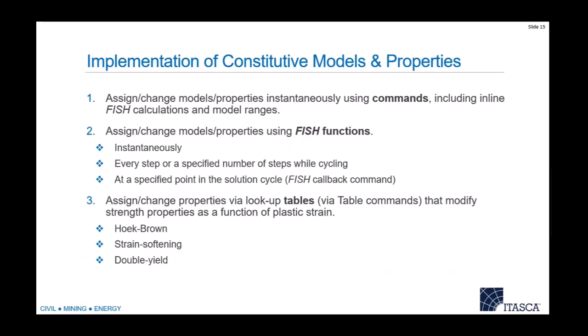So, changing properties with depth or some randomness or whatever crazy distribution you want, correlated random fields. I don't know, who knows, right? And also set it up so that the properties change as it's cycling, which is kind of cool. And people do that. So depending on certain things, stresses or whatever, you can actually change the properties as it's going along the cycle. You can do that with FISH.